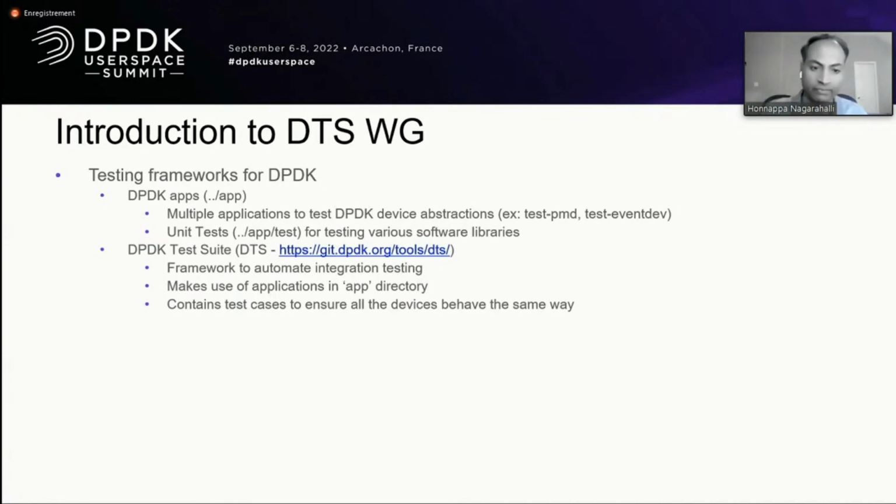So essentially, it's a framework to come up with a topology with server platforms or SoC platforms with various devices attached to those platforms. And then you can also write test cases. For example, you could write a test case to do end-to-end IPsec testing. Okay.